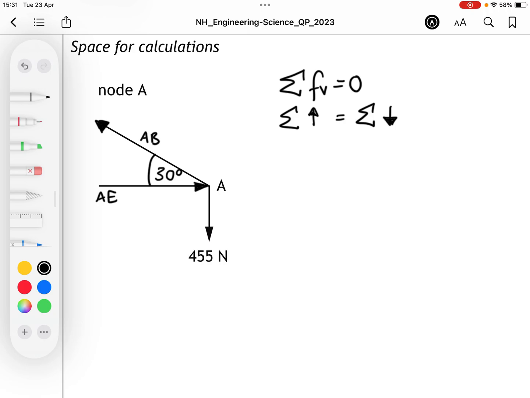And this is the only part where things get a little bit complicated if you're not too keen on Pythagoras. What we need to do now is split AB up into its horizontal and vertical components. And it depends which way you like to do this.